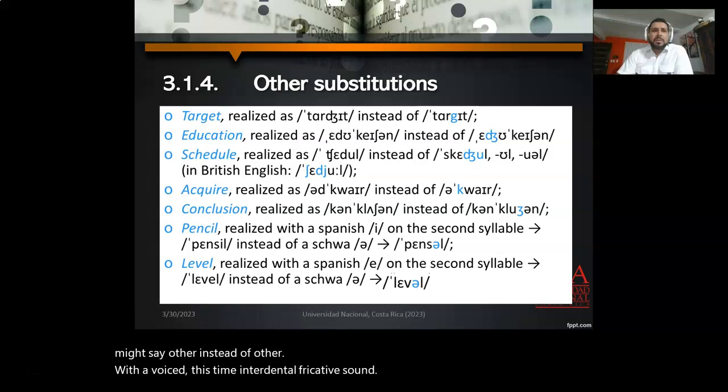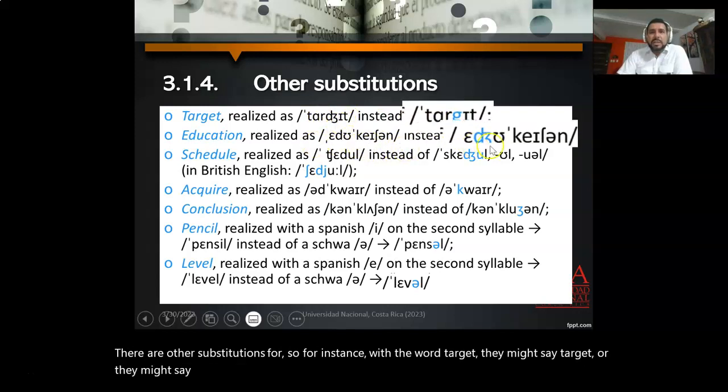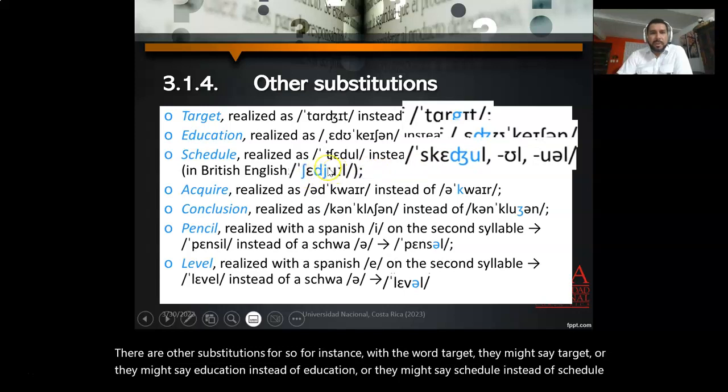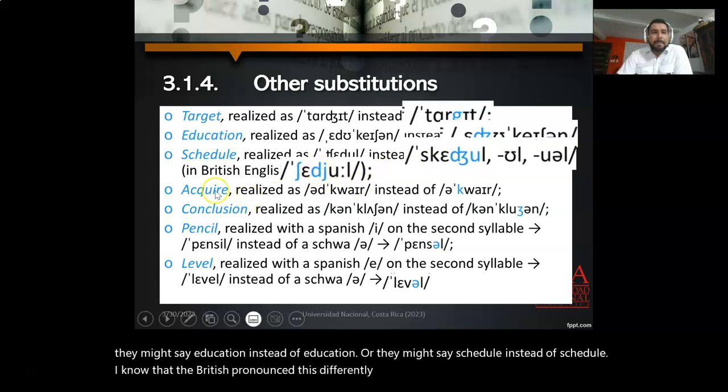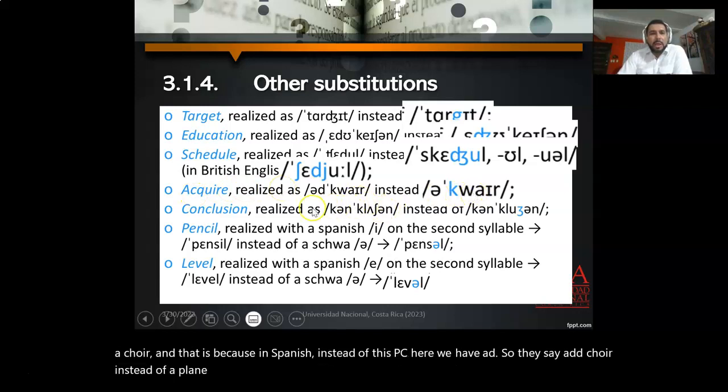There are other substitutions. So for instance, with the word target, they might say target, or they might say education instead of education, or they might say schedule instead of schedule. I know that the British pronounce this differently sometimes. They might say adquire instead of acquire, and that is because in Spanish, instead of this C here, we have a D. So they say adquire instead of a plain and simple acquire.